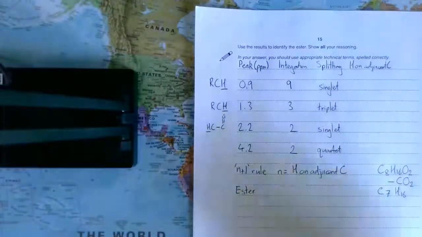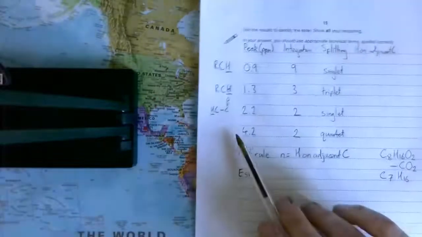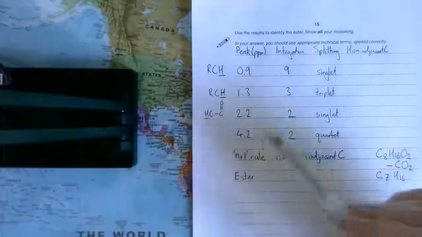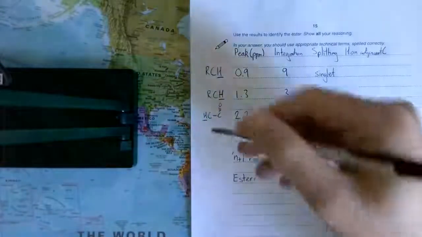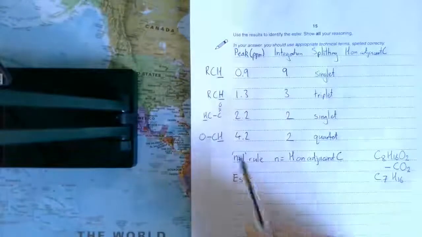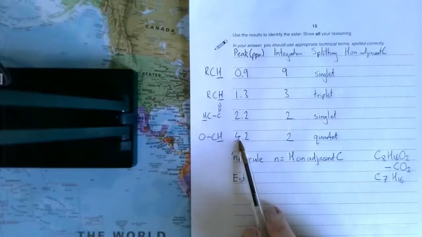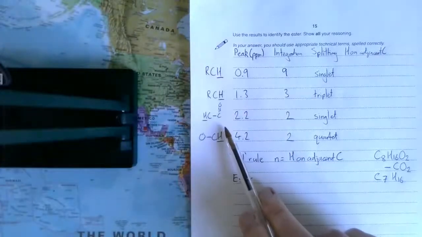We know there has to be a carbonyl in there, so that's what these ones are. And then the 4.2, we know that there is an oxygen, there has to be something bonded to that. So we've got the hydrogen on the carbon bonded directly to the oxygen. We're going to get some marks for spotting these.